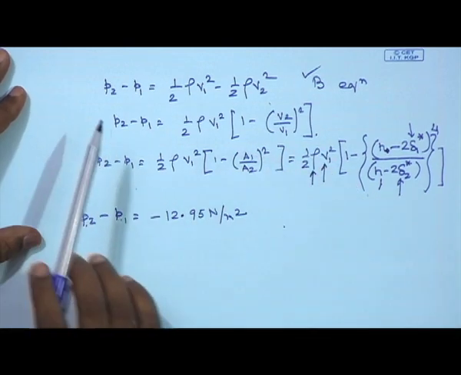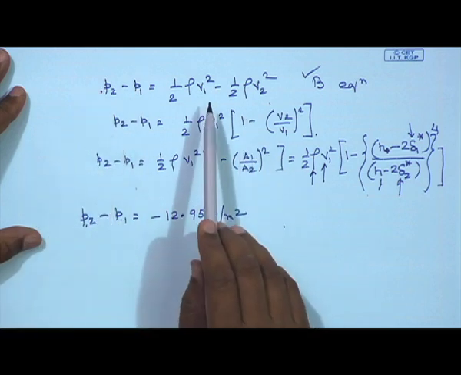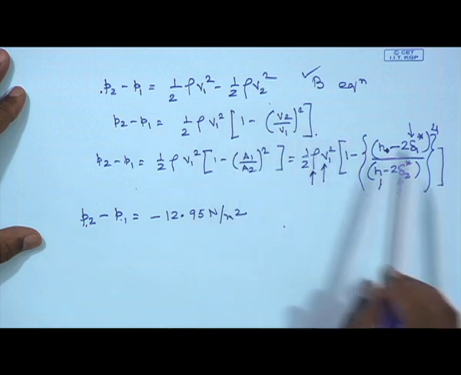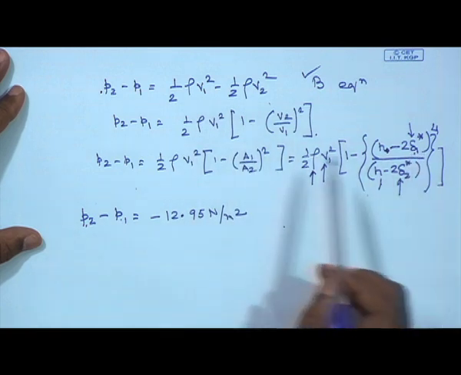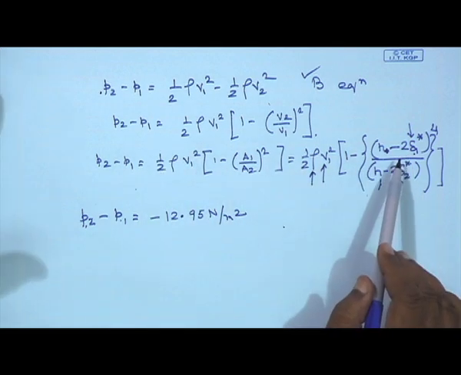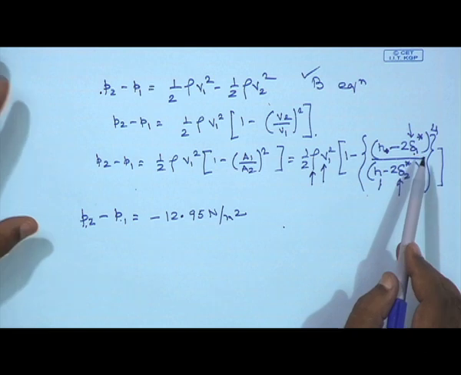So once again what I have done is I have used Bernoulli's equation between 1 and 2. I can use Bernoulli's equation as long as I use the concept of displacement thickness, since in displacement thickness the whole flow situation would turn out to be converted to an inviscid flow.